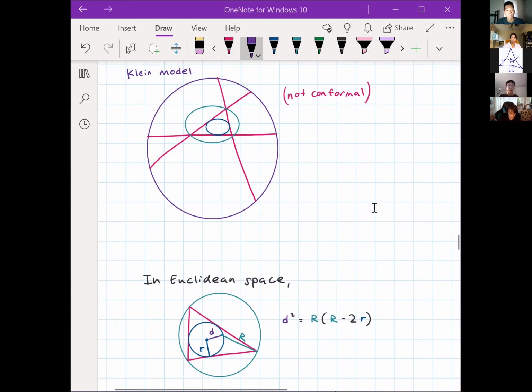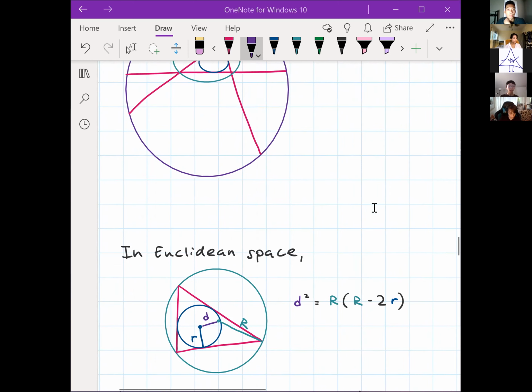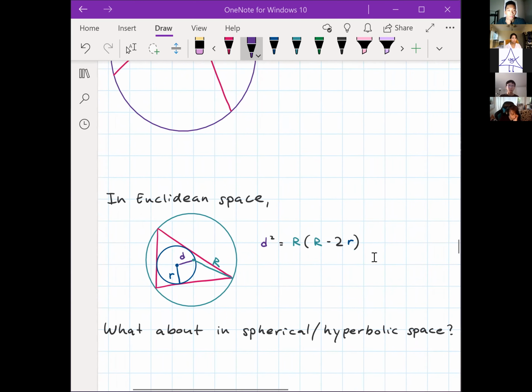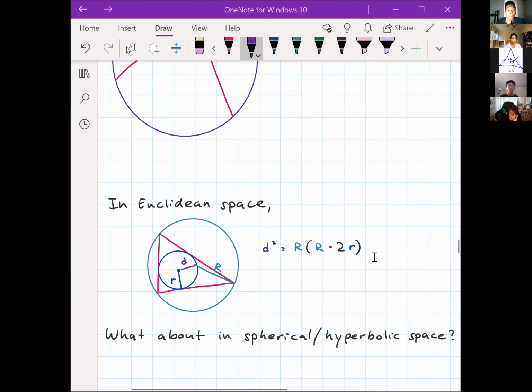Right, let's bring it back to some stuff that we were talking about earlier. So you remember this Euler's formula in Euclidean space. So this was d squared equals R times (R minus 2r). And so something we could wonder is, what about in spherical or hyperbolic space?